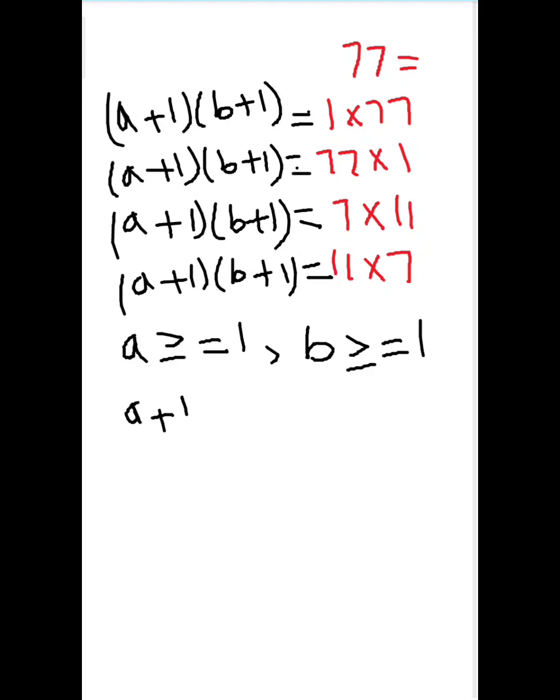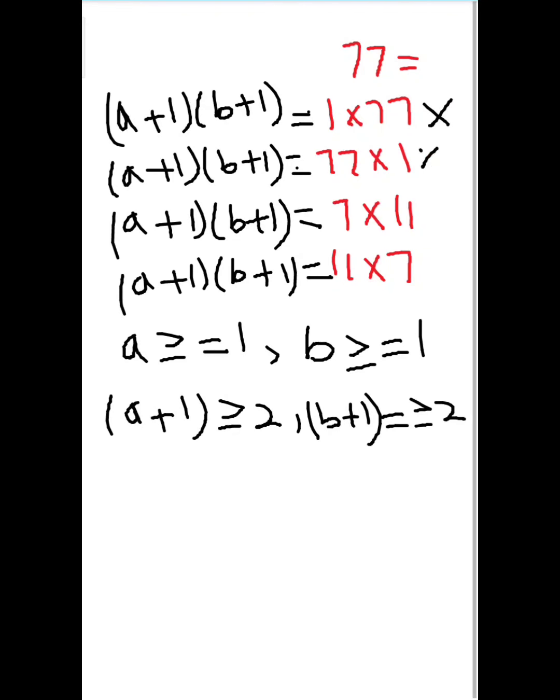So a plus 1 should be greater than or equal to 2, and in the same way b plus 1 also should be greater than or equal to 2. And for that we are rejecting our first two factors, 1 times 77 and 77 times 1. Now we are taking 7 times 11 and 11 times 7.